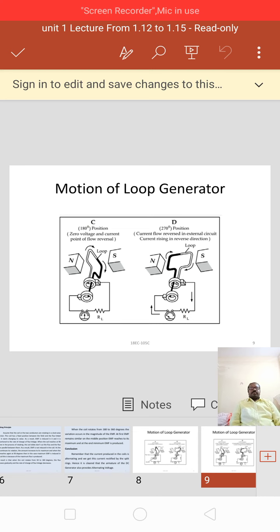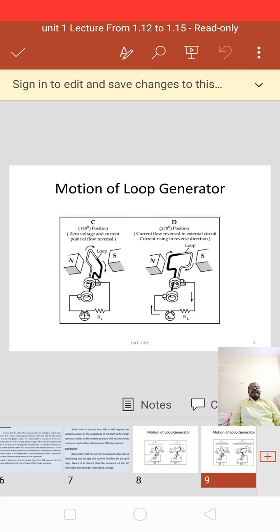In the fourth figure, that is D, it changes its direction from 270 degrees to 360 degrees, that is it has a slightly decreasing fashion of the motion of the slip rings as well as the conductor motion. Okay, that is it completes one revolution of the conductor, that is it travels from north to the south and from south to the north, that is in a positive and negative fashion.